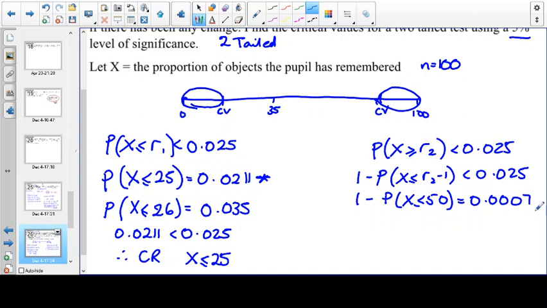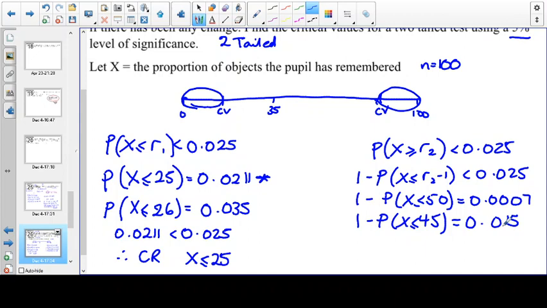So I'm going to try 45. 1 minus the probability that X is less than or equal to 45 is 0.015. So we're getting close.